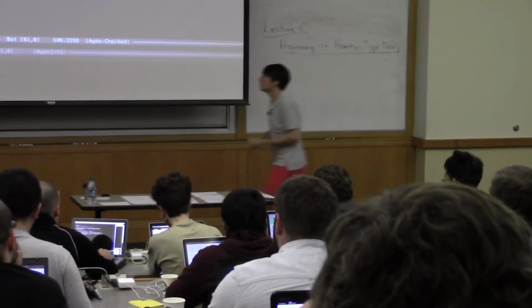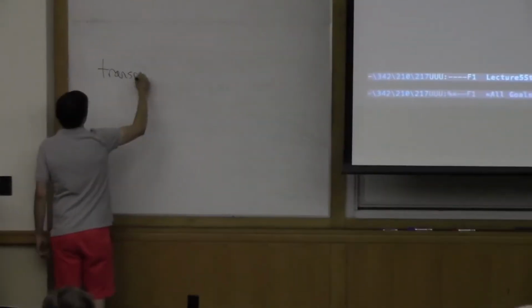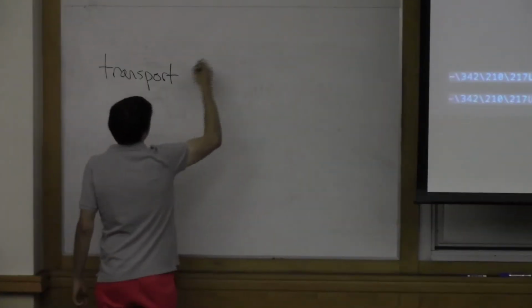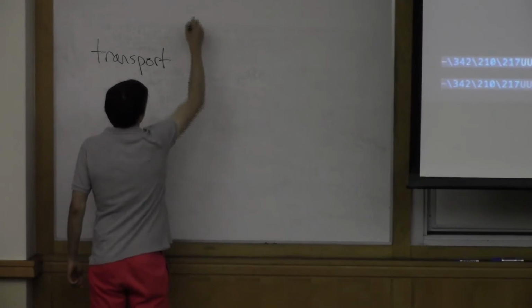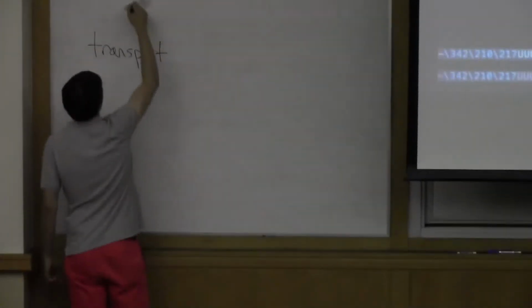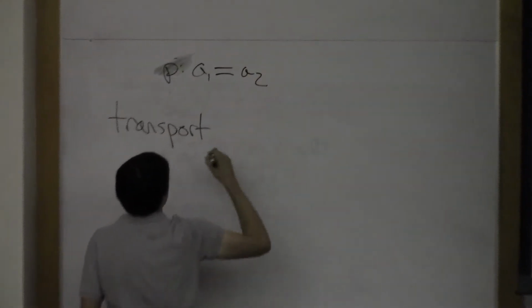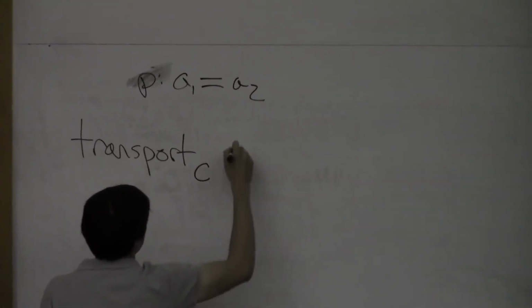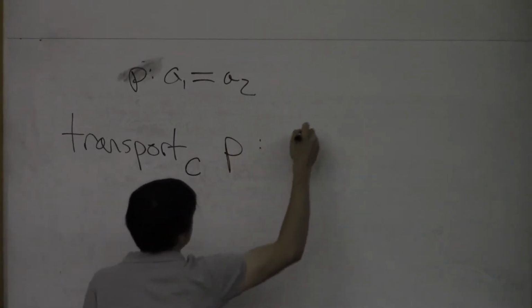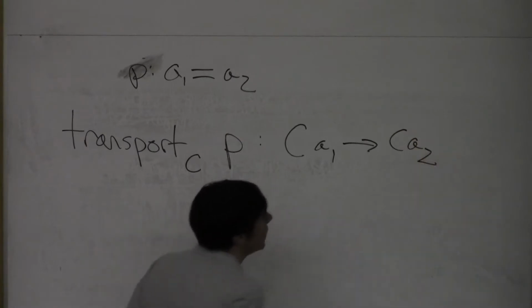Okay? So let me just write the typing rule for transport on the board over here. So transport says, I'll leave off some of the arguments, but if P, what do we call it up there? We called it P, says that A1 equals A2, and C is a family of types, then transport C P is a function from C of A1 to C of A2.